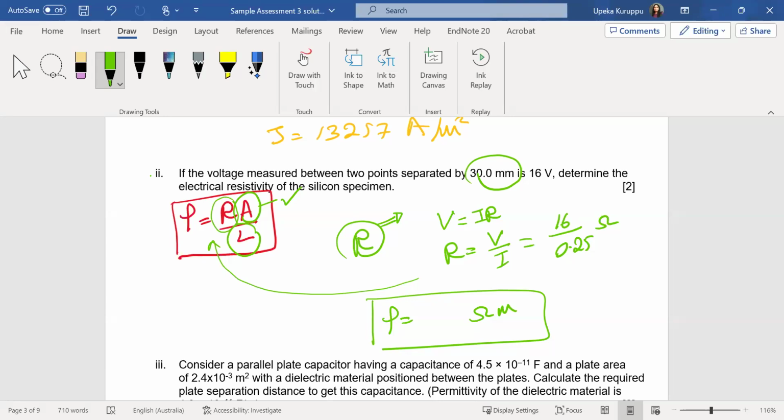What do we get? Yes, yes, because your area is also in meters, isn't it? So this is 0.03 meters.